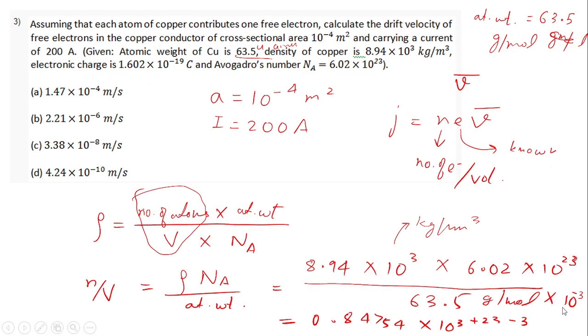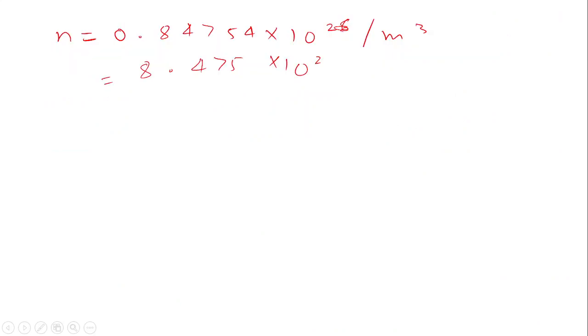Yeah, because this is a minus 3, it will go on the numerator, it will become plus 3. The total will be 23, 24, 25, 26, 27, 28, 29. This will be 10 to the power 29.